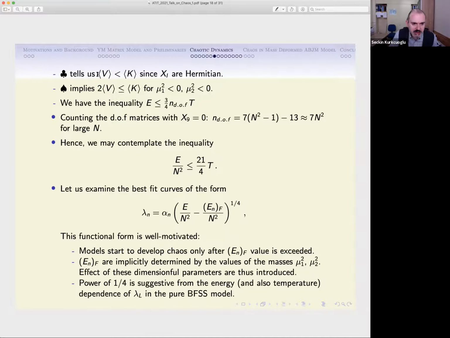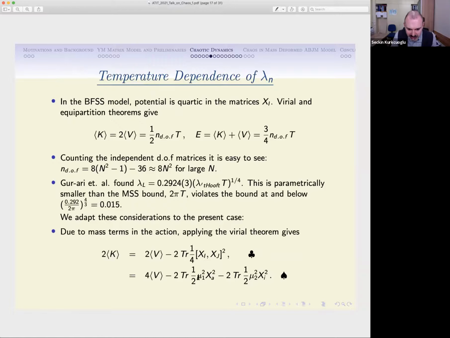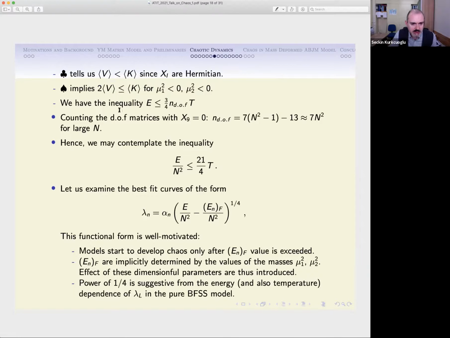Well, the clubs tells you that the kinetic energy is larger than the potential for Hermitian matrices, whereas the spades tell us, if both of these mass terms are tachyonic, something stronger, that the kinetic energy is larger than twice the potential. And therefore, instead of the equality, we have this inequality that relates the energy with temperature.